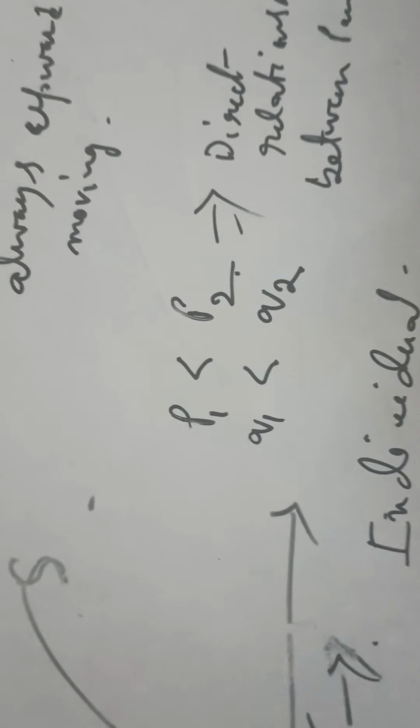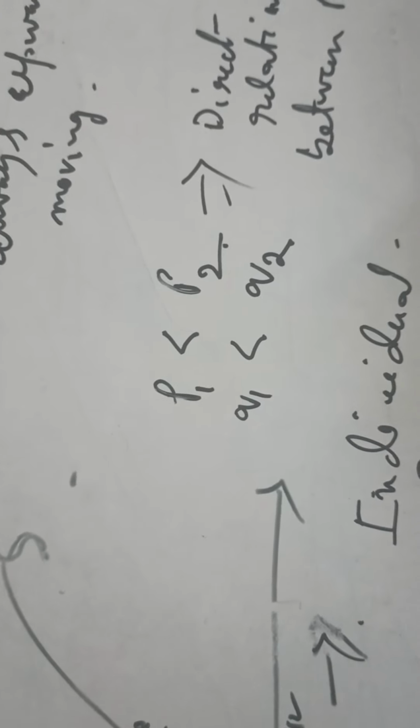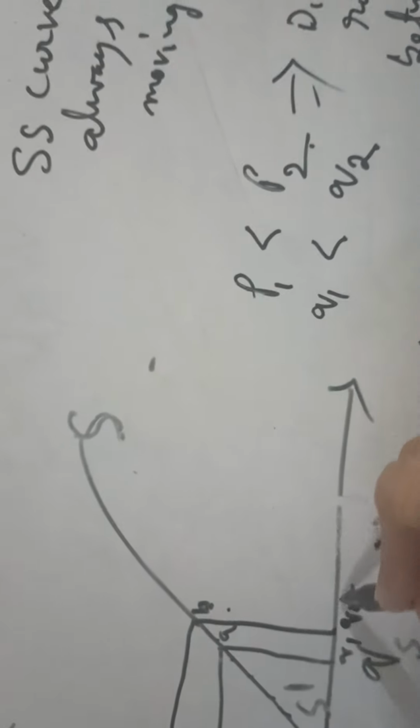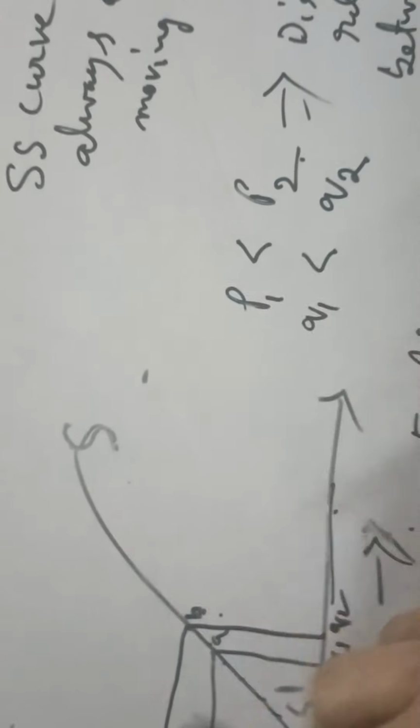Summing over the individual supplies of the sellers at a particular price, we get the market supply at that price. If we sum all the individual supplies and place market price on the vertical axis and market quantity supplied on the horizontal axis, we will get the market supply curve.